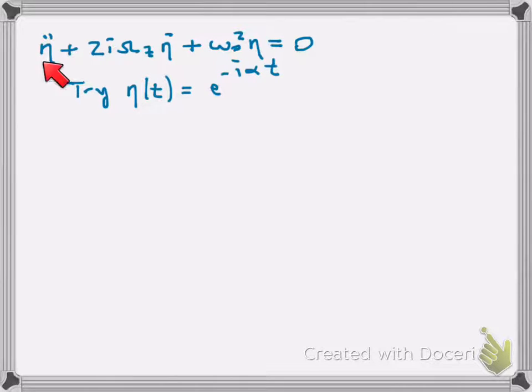Now, this is a second order ordinary linear differential equation that is homogeneous, and so we expect two independent solutions. So in the end, we're going to expect two different values of alpha to give us our two independent solutions, which make up the total solution.